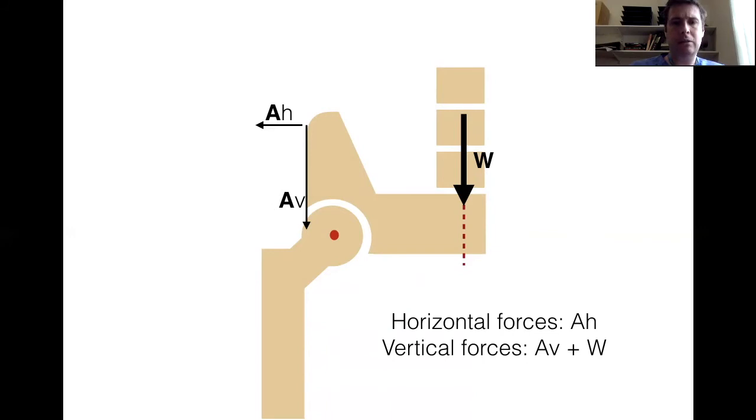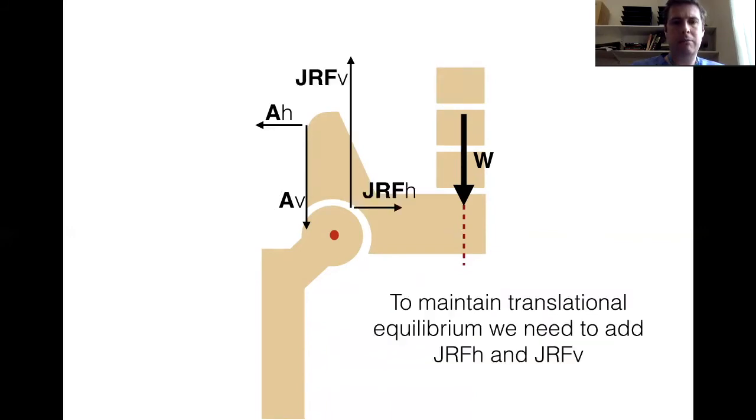So those are the vertical forces. To maintain translational equilibrium, we have to have a force acting in an equal and opposite direction. And this is where the joint reaction force comes in. So we need to add both a horizontal joint reaction force and a vertical joint reaction force.